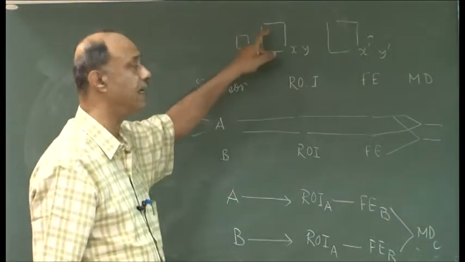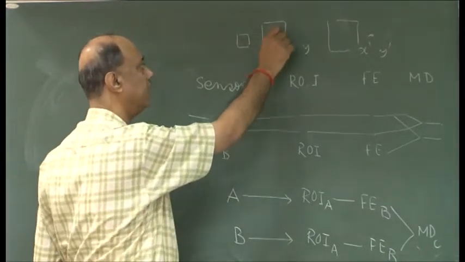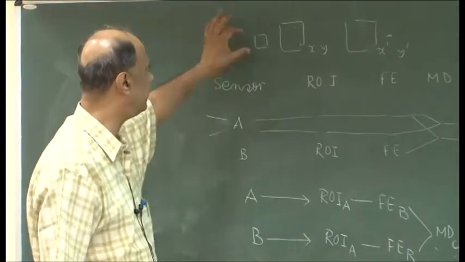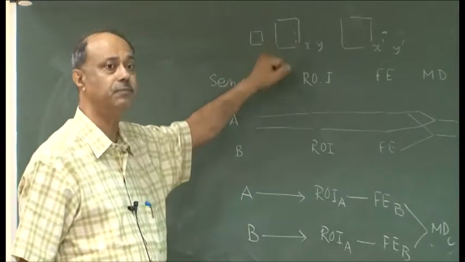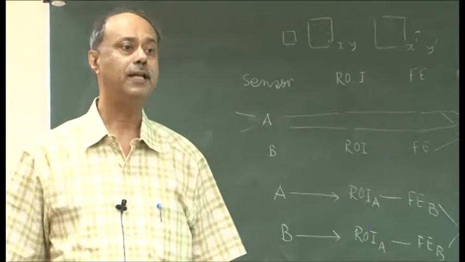I have a larger area, then he will extract, but he will get some false points here, because his original data is this one. Now, you have asked him to obtain the features from this side. So, some false data will come, and as a result a false match will come.